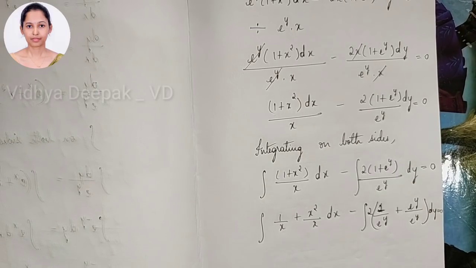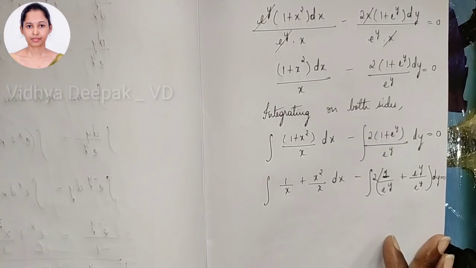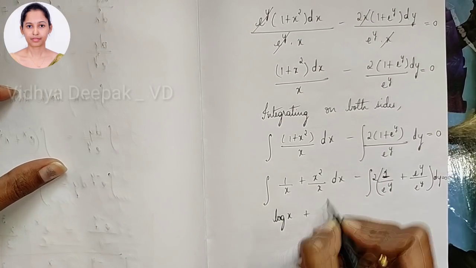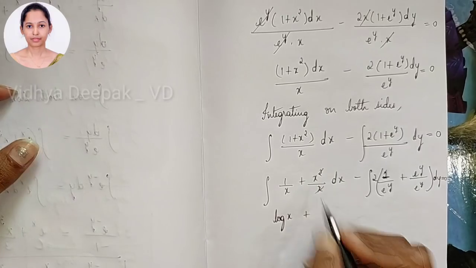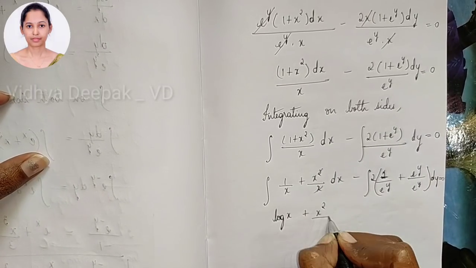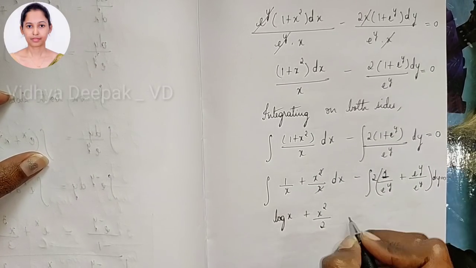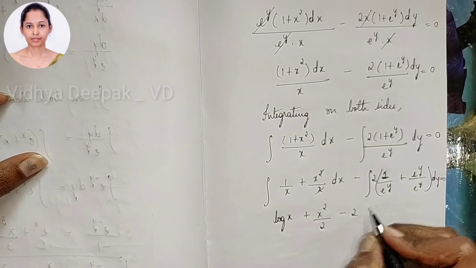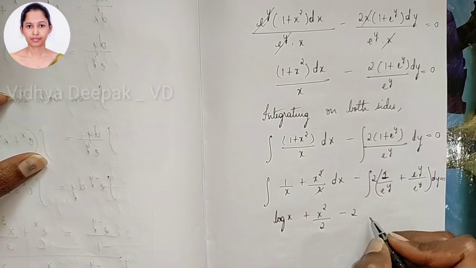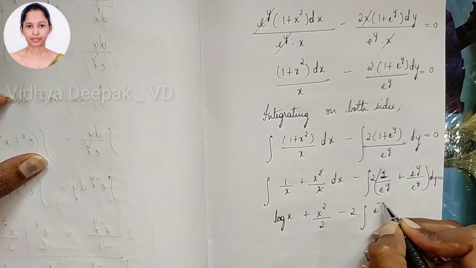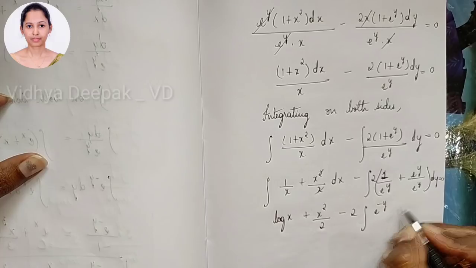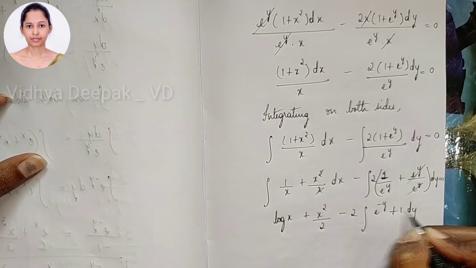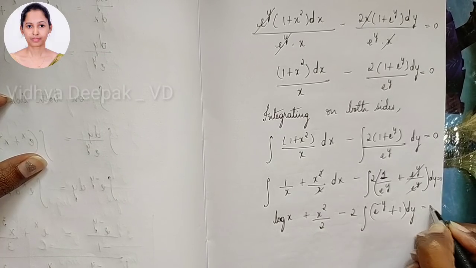What is the integration of 1 by x? Integration of 1 by x is log of x plus, here x gets cancelled, so integration of x is x square by 2 minus 2, we are taking it outside. So integration of 1 by e power y is, what you have to do? You have to bring this e power y to the numerator, right? Here this gets cancelled and becomes 1 into dy is equal to 0.